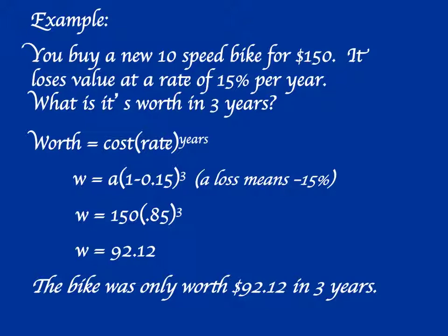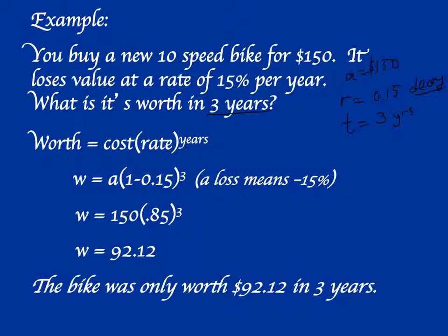So let's write down what we know. We know that r is going to be 0.15, and it's a decay situation. The initial amount was $150, and the time is going to be 3 years.